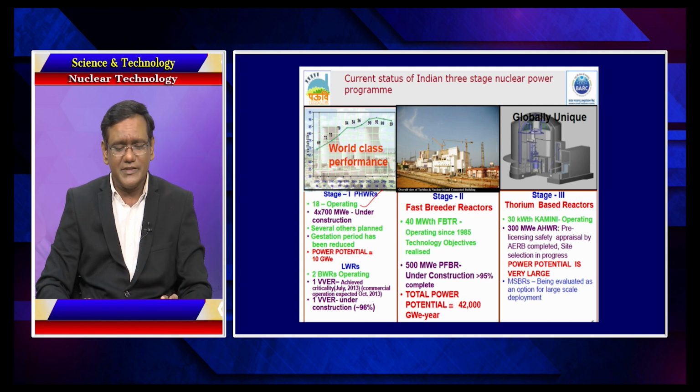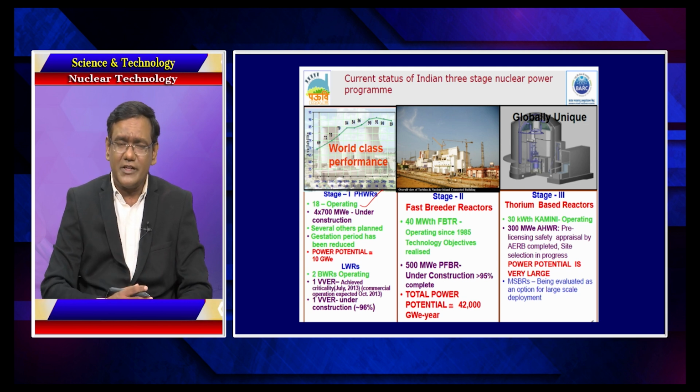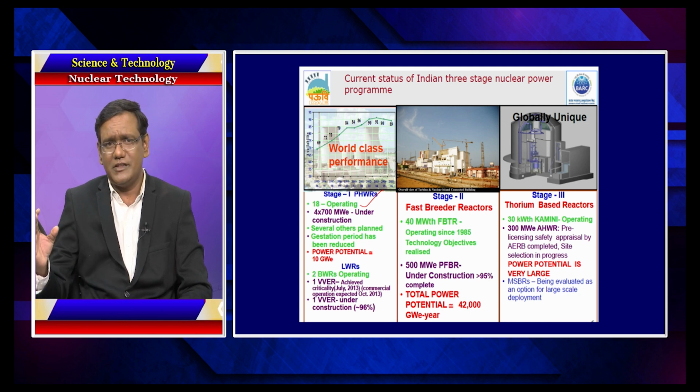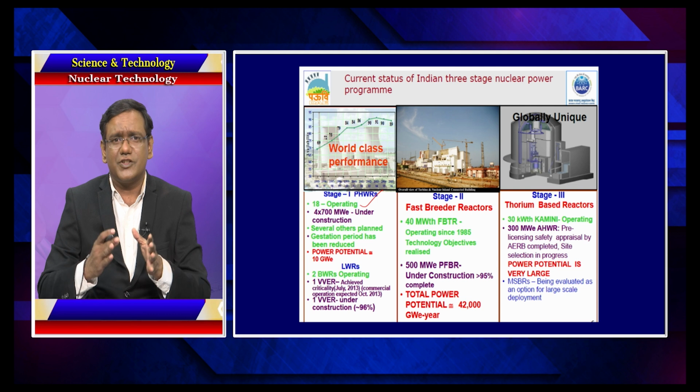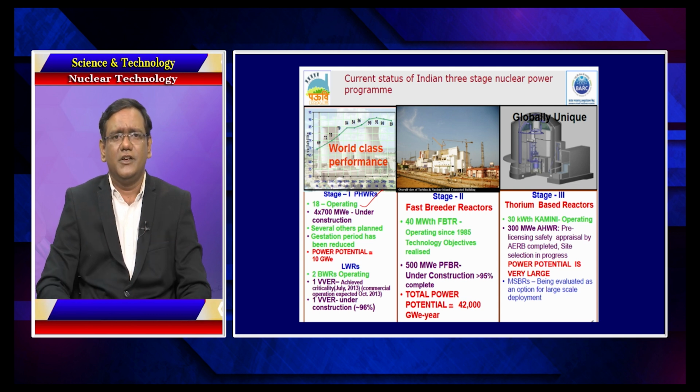Several others are planned and the gestation period has been reduced. Gestation period means the period from when you start constructing the reactor until it is producing and stabilized. This gestation period has been reduced drastically. The power potential with this is 10 gigawatt electricity.